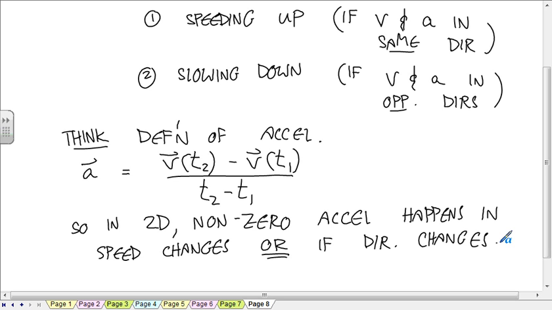And so I just wanted to go through a few examples with simple numbers to help you wrap your head around how acceleration relates to speed changes, but also direction changes.